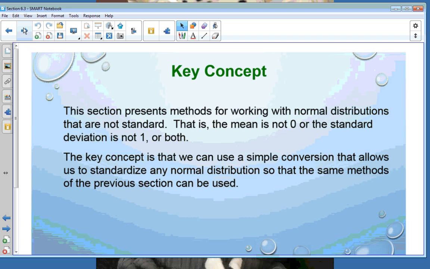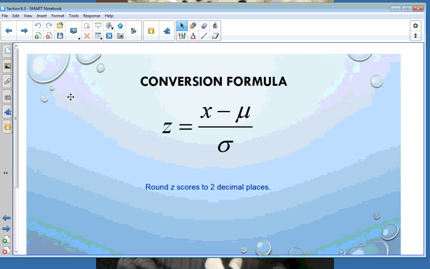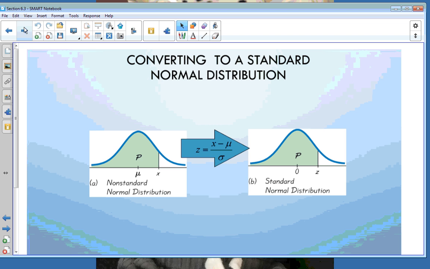Then it can be used the same as it was in our previous section. Our conversion formula, a very important formula you need to know, is z equals x minus mu, divided by sigma, where x is our data point, mu is the mean of the population, and sigma is the standard deviation of the population. Notice we always round z-scores to 2 decimal places, the same as before.